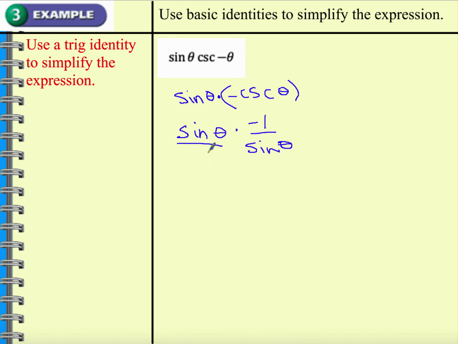I could turn sine into a fraction, and then I'll reduce. So any number divided by itself is equal to 1. So my final result is 1 times -1, which is -1, and 1 times 1, which is 1, aka -1. Looked a little weird, but we were able to figure it out.